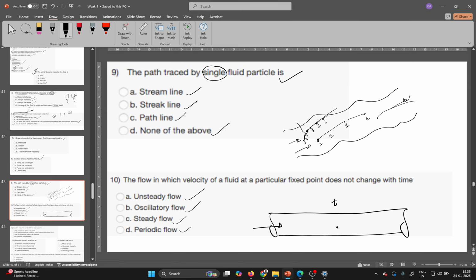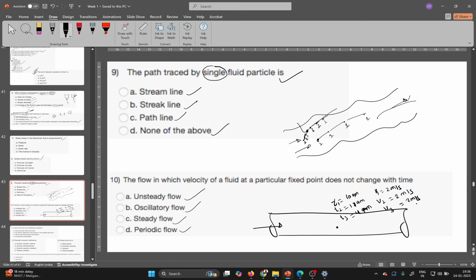So at t equal to, let us suppose, 10 a.m., your t1, your v1 is 2 meter per second, and t2, that is 11 a.m., your v2 is 2 meter per second.